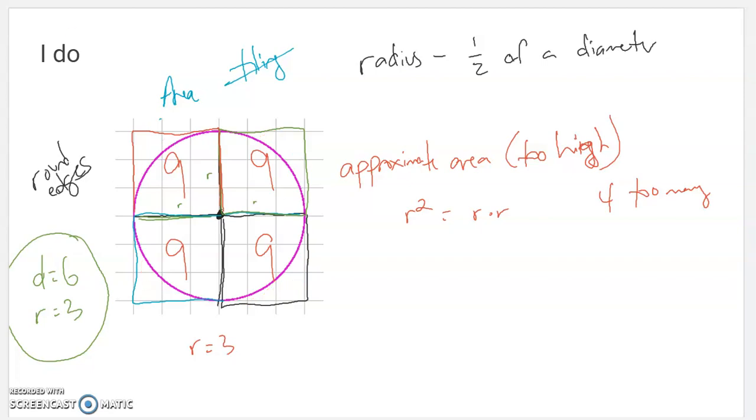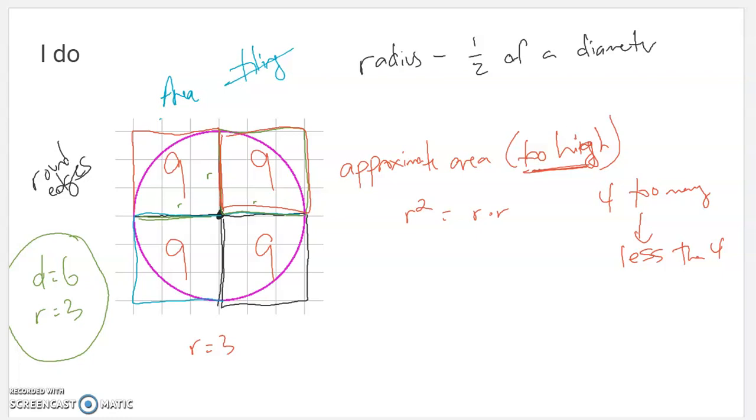So whatever the radius is, and this works with any circle, smaller or larger, it's close to 4 squares made out of the radius. But it's less than that. It's too high. It's actually less than 4. Guess how many exact times that square made by the radius could fit in there?